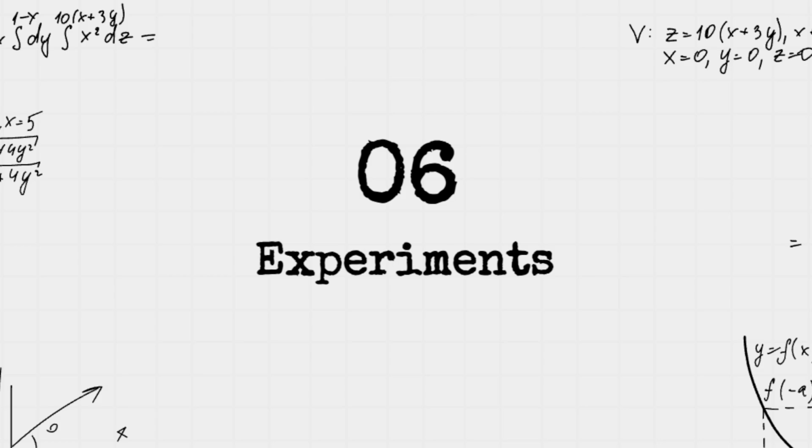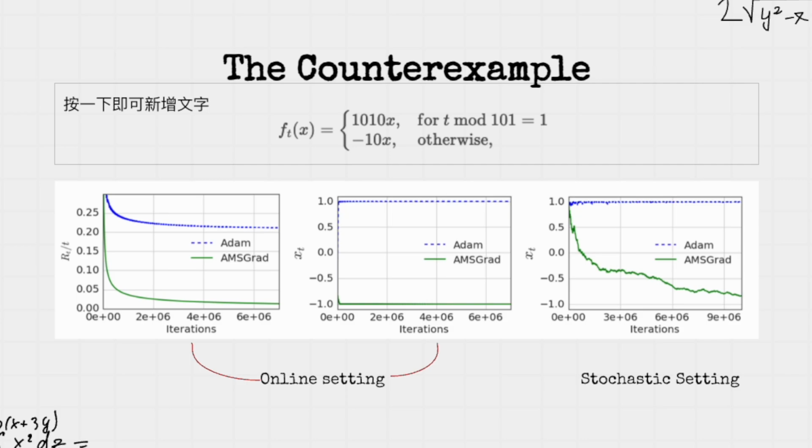In the end, we will go over the experiments that were conducted in this research. As mentioned in section 3, the authors use a simple example to showcase the divergence of Adam, and in the experiment part, the authors aim to demonstrate similar symptoms through empirical results. We examine the regret with respect to time, and as we can see, the regret does not converge asymptotically to zero.